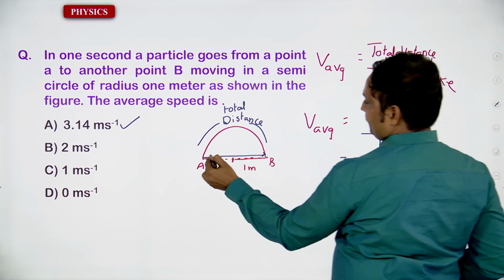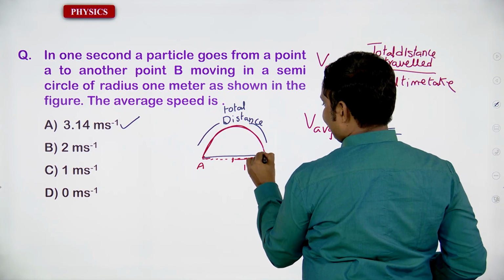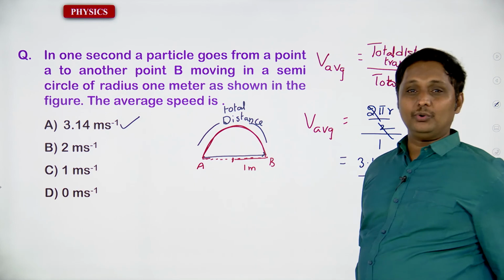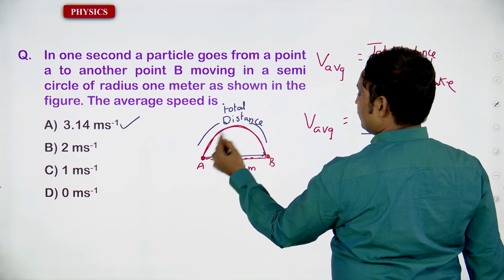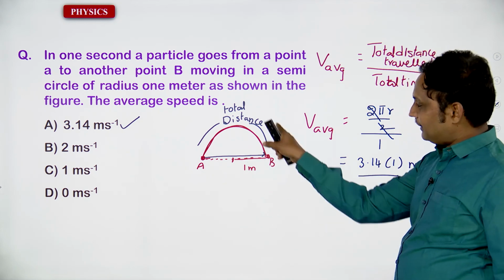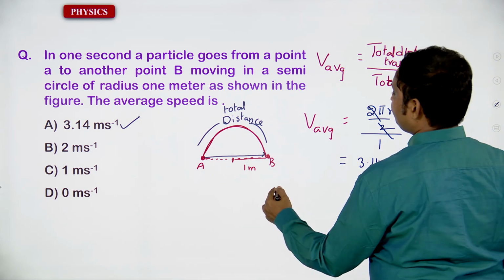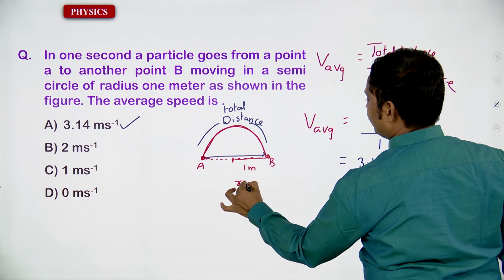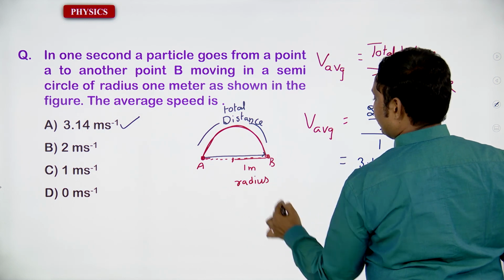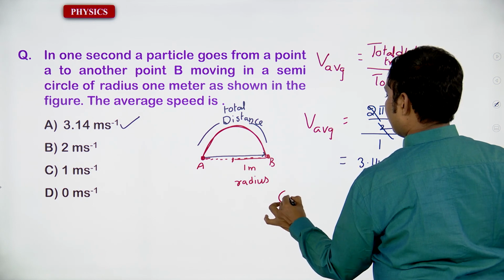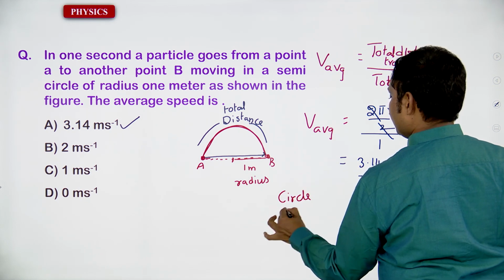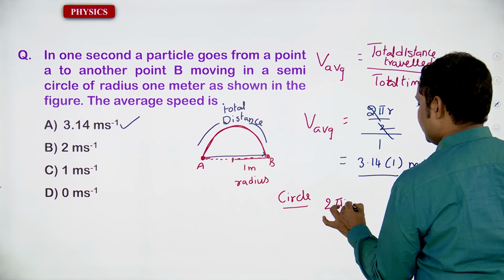In order to reach from one point to another point, it has followed that semicircular path, no doubt at all. This is going to be the final one. This is going to be that initial point. Do you know, this is going to be the radius. In case of circle, we have to get that 2 pi r.